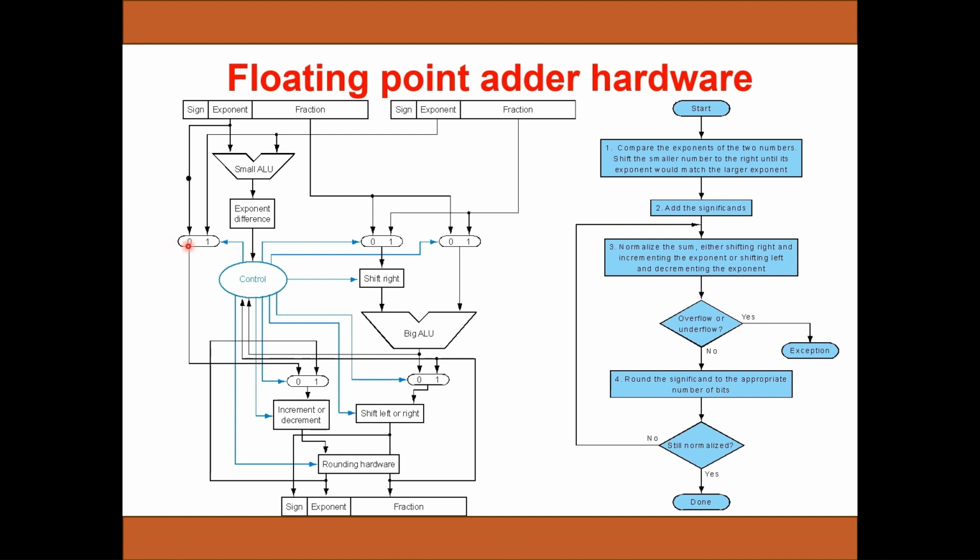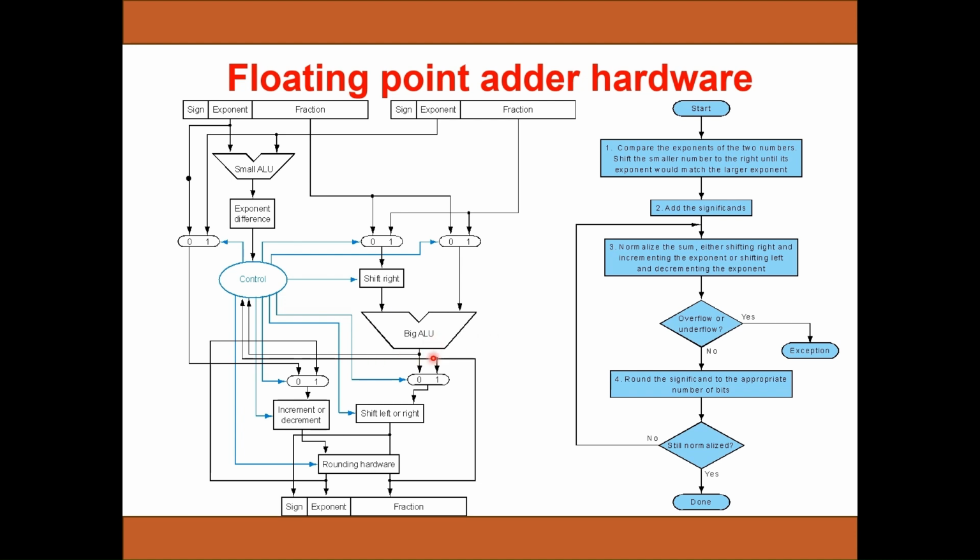These two exponents are subtracted, and their difference is found, and it goes to a control unit. The control unit will tell which fraction needs to be shifted, left or right. It has to be shifted right because you are adjusting the smaller number as per the bigger number.